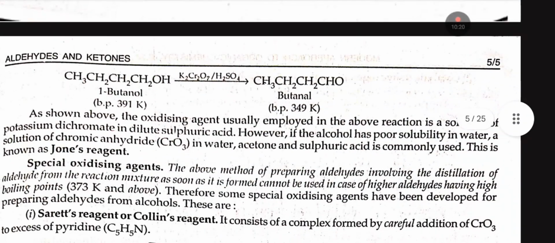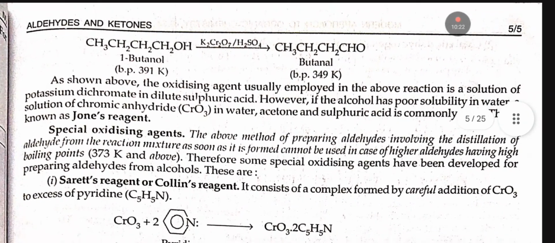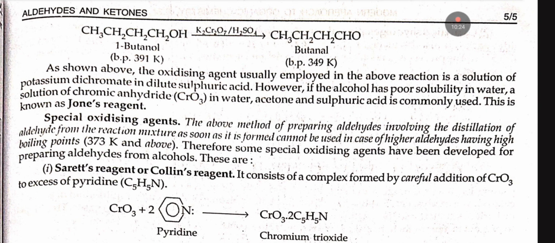As shown above, the oxidizing agent usually employed in this reaction is a solution of potassium dichromate in dilute sulfuric acid. However, if the alcohol has poor solubility in water, a solution of chromic anhydride in water, acetone, and sulfuric acid is commonly used.